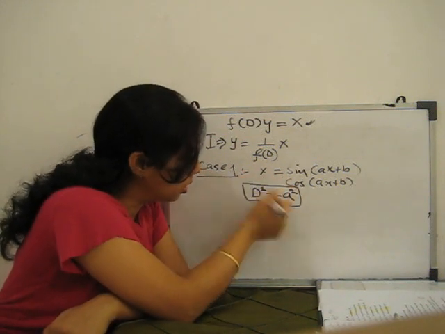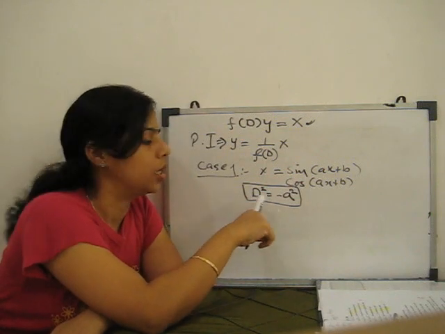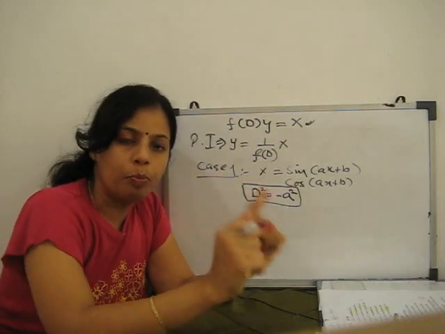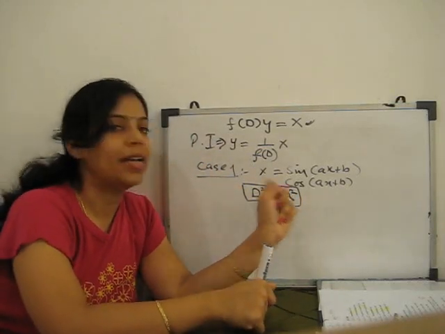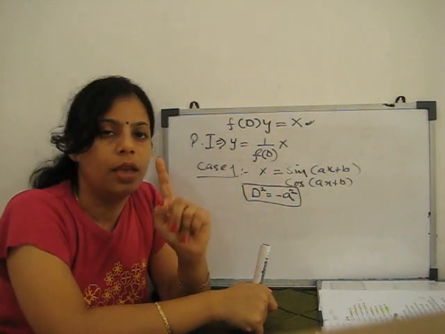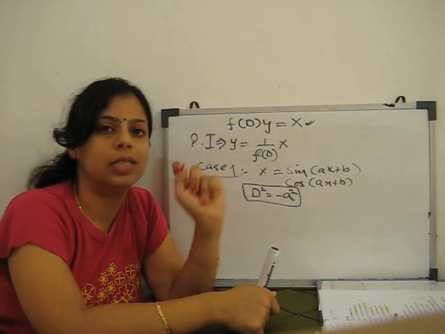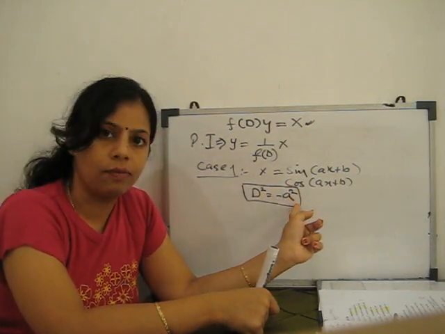Concentrate very carefully. We don't replace D equal to a. Here we replace only the value of D square with minus of a square. If you don't have D square, then you won't be able to replace D with a.